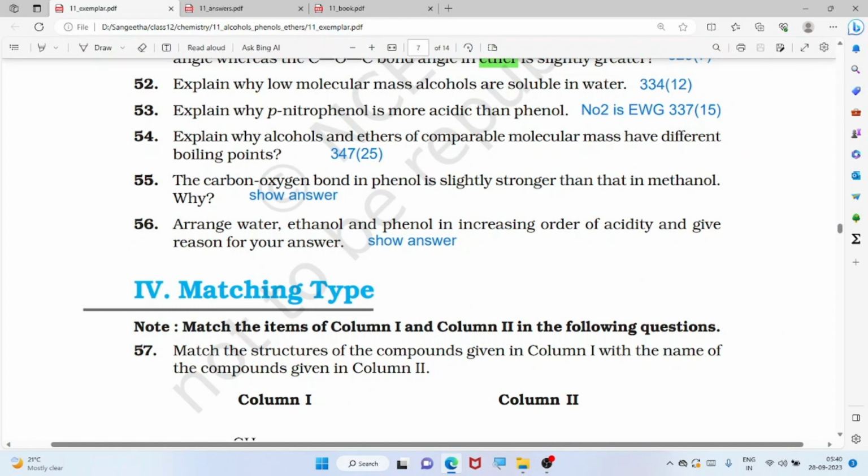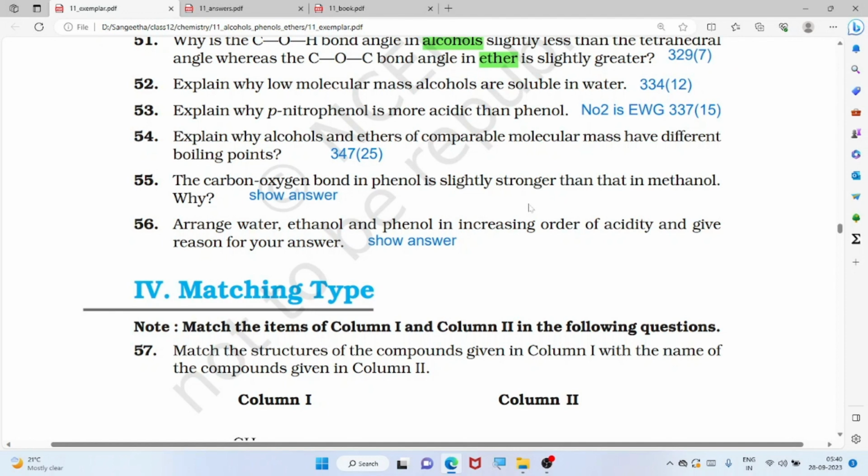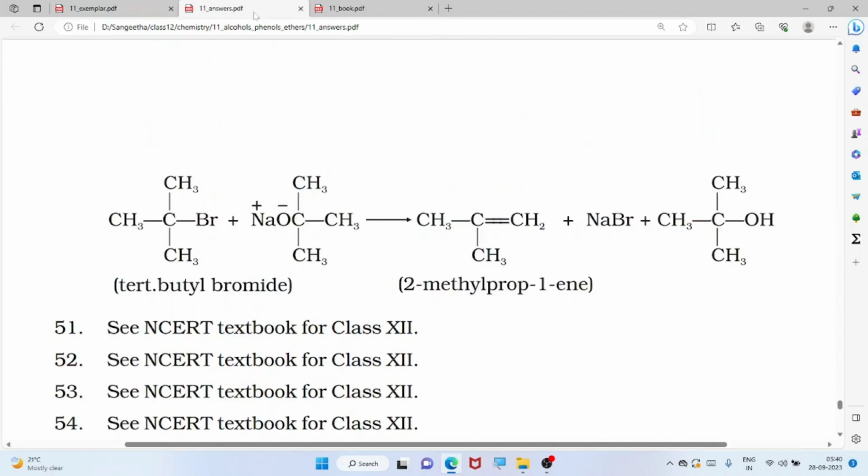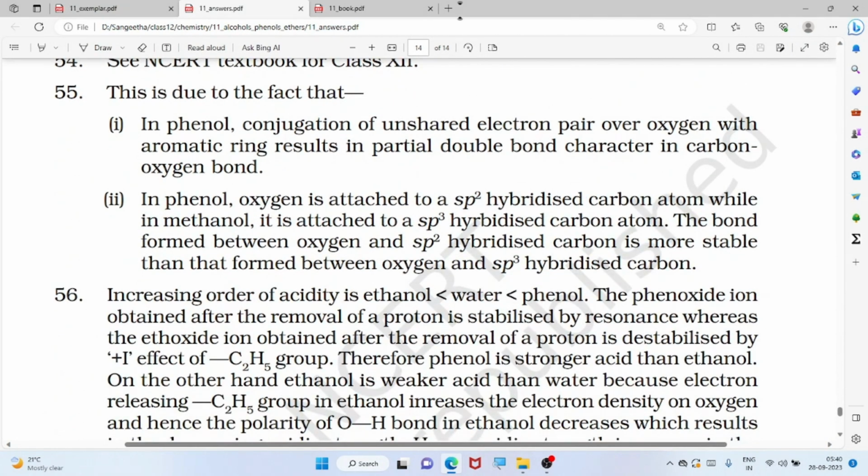The carbon oxygen bond in phenol is slightly stronger than in methanol. Resonance. This is due to the fact that in phenol, conjugation of the unshared electron pair over the oxygen with the aromatic ring results in partial double bond character in the carbon oxygen bond.